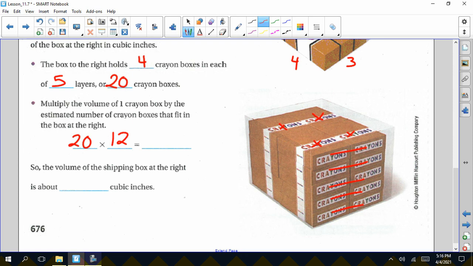So 12 times 2 is 24, and add the extra 0 for 20 gives us a volume of 240 cubic inches, or inches cubed. So what we're going to do today is find the volume of a small item and then have multiple items inside of a larger box, and you have to find the volume of the larger box.